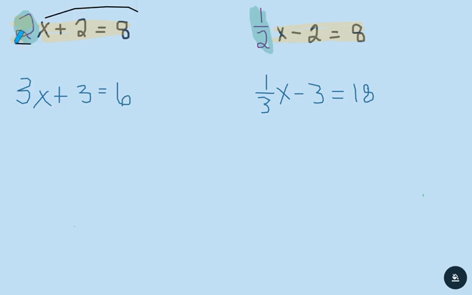But now we're also going to have to divide both sides by 2, and I'm going to show you how to do that. For the other one, x take away 2 equals 8, we just added 2 to both sides, right? So x equaled 10.